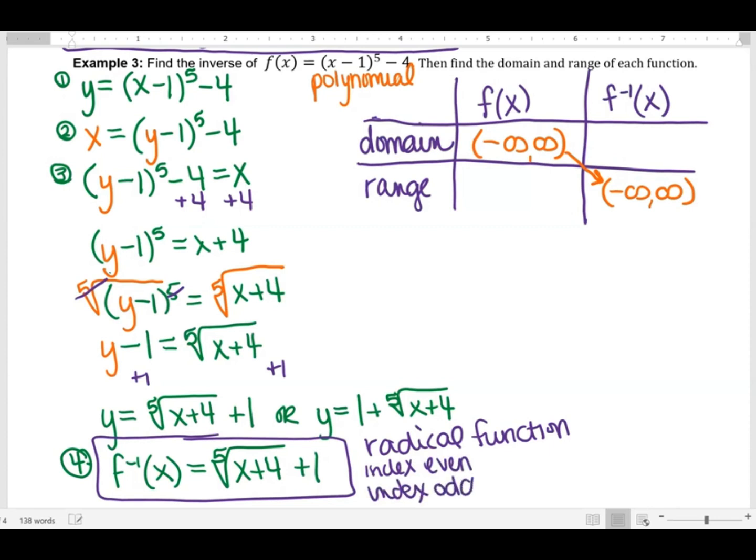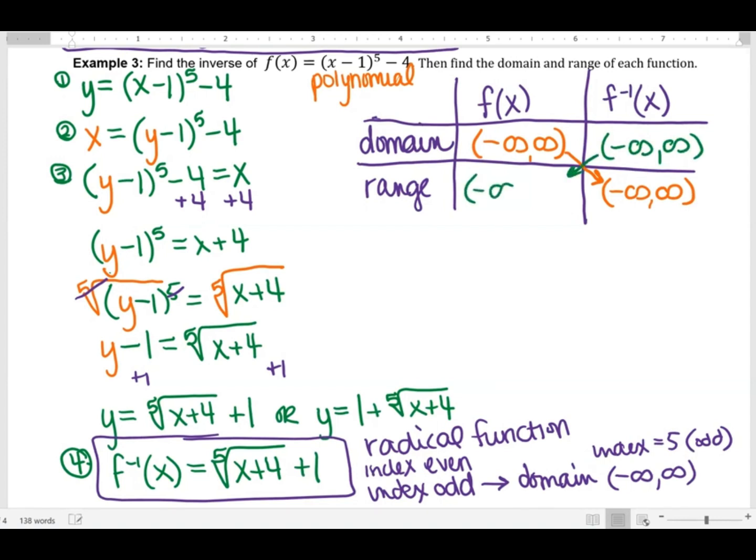If your index is odd, your domain is immediately negative infinity, positive infinity. And because our index here is 5, which is odd, our domain is negative infinity to positive infinity, which means that the range of the original function is also negative infinity to positive infinity.